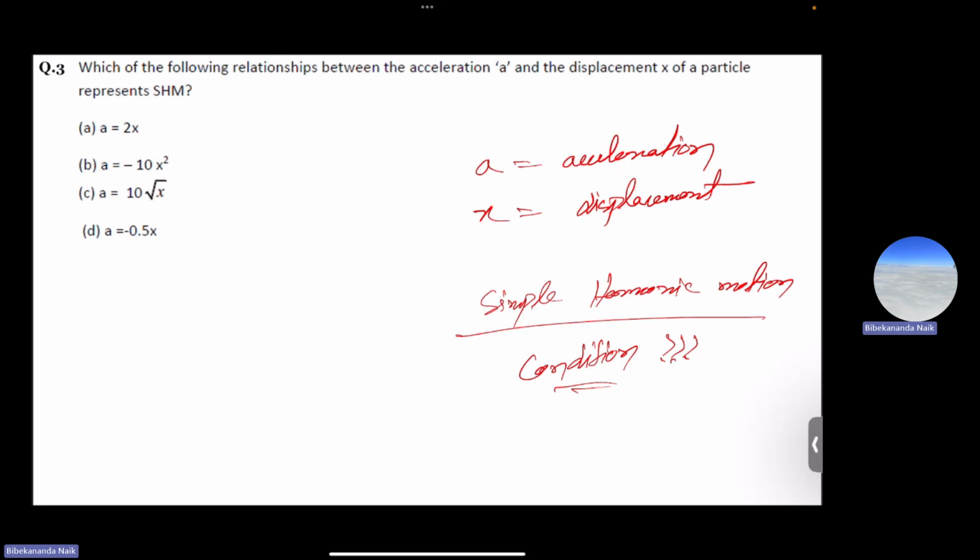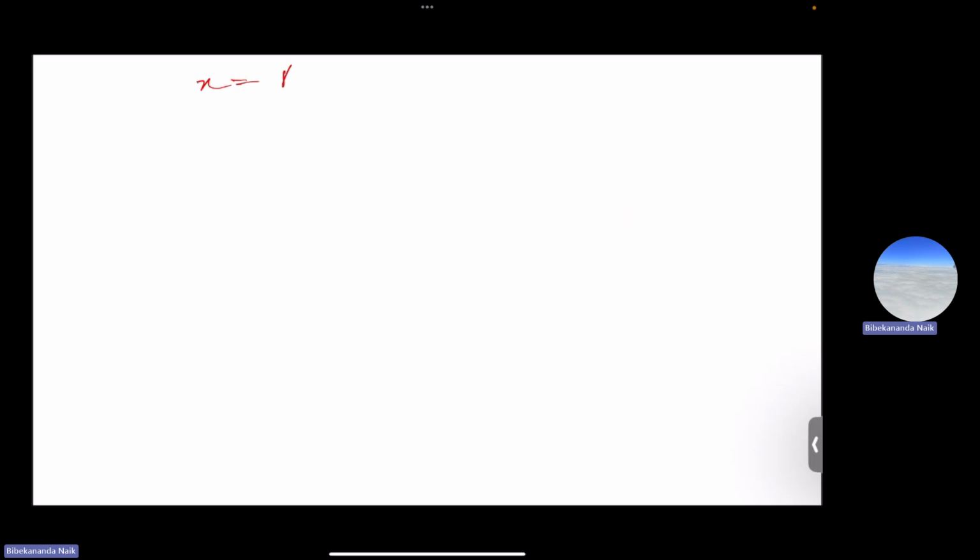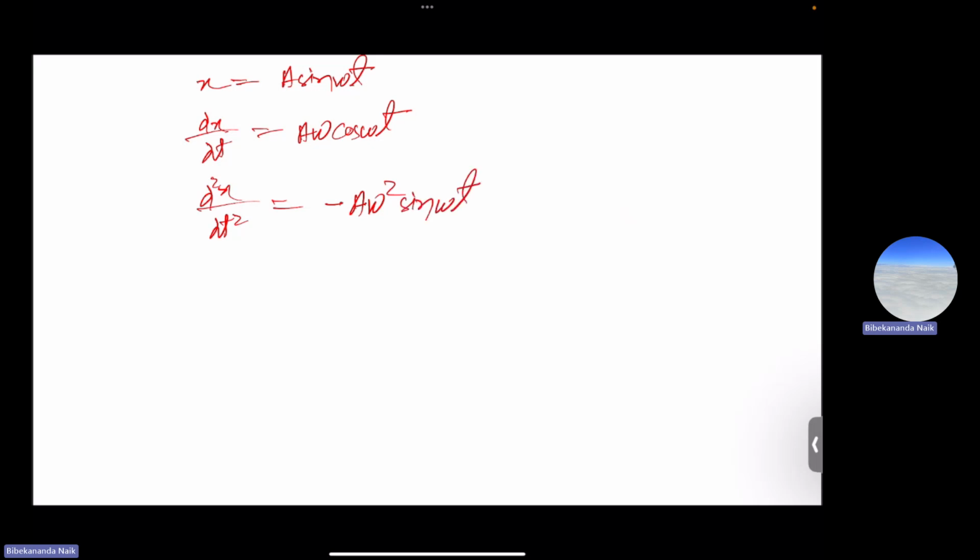So we know the form of a simple harmonic oscillation. It is x equals a sine omega t. So what is dx by dt? It is a omega cos omega t, and d square x by dt square is equal to minus a omega square sine omega t.